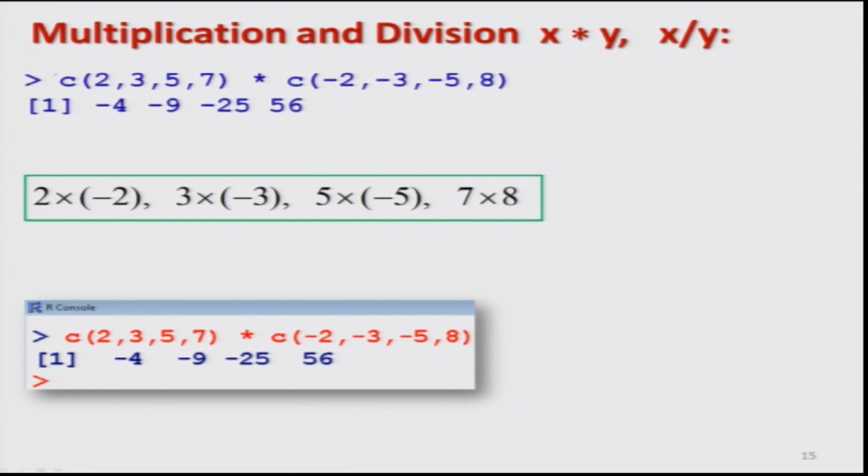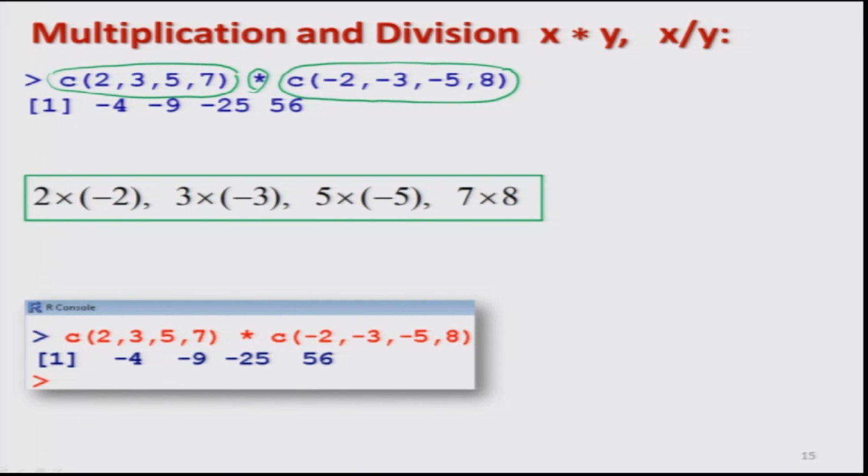Now, I have taken here a vector of 4 values 2, 3, 5, 7 which are combined by the command c, and here I am taking another vector of the values -2, -3, -5 and 8, and I am trying to multiply both these vectors.